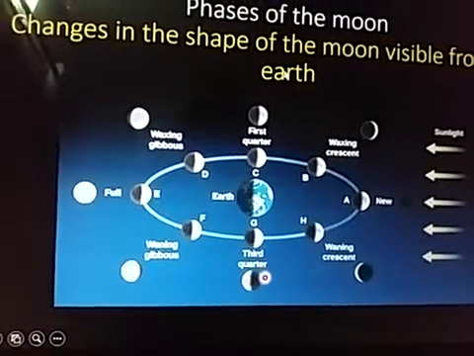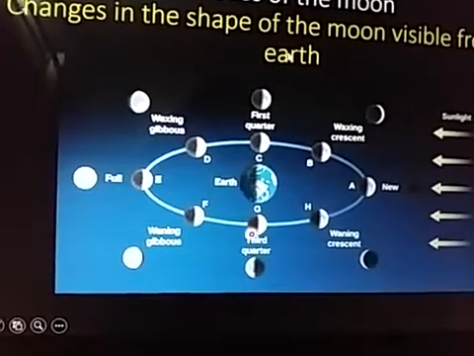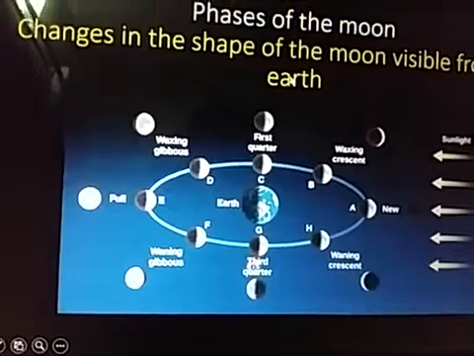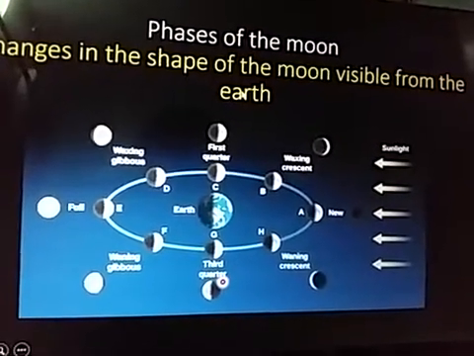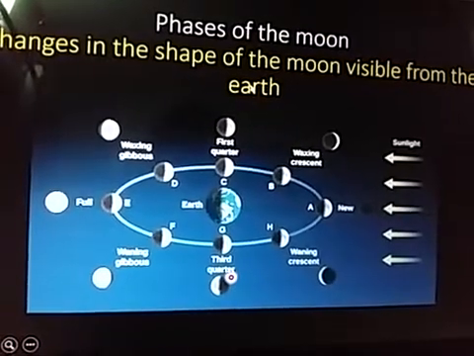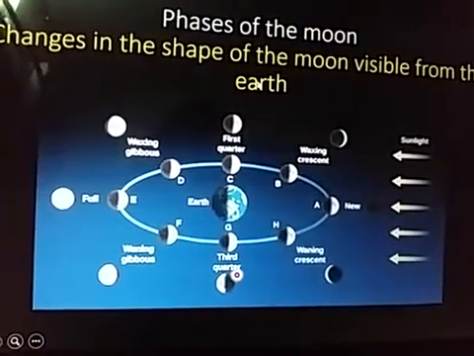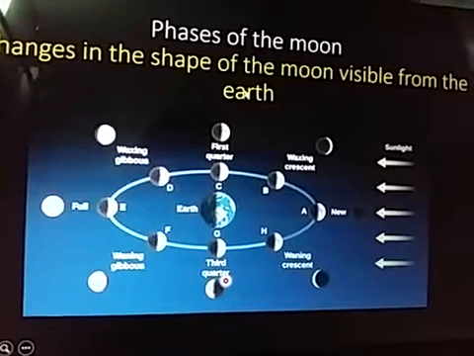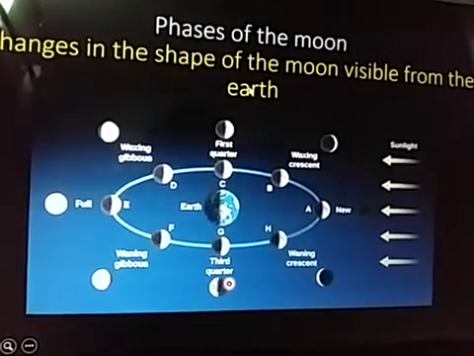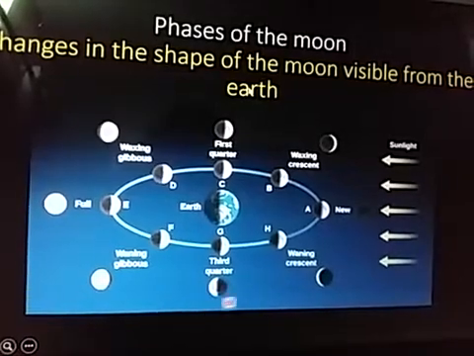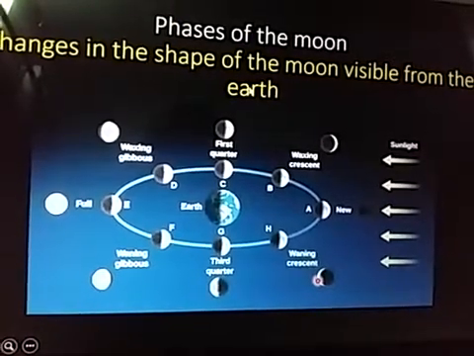Meanwhile, the other half is in darkness. Sometimes we see the parts being illuminated and sometimes we do not. And that is why we see different shapes. Depending on the position, we can only see fractions of the illuminated portion of the moon.